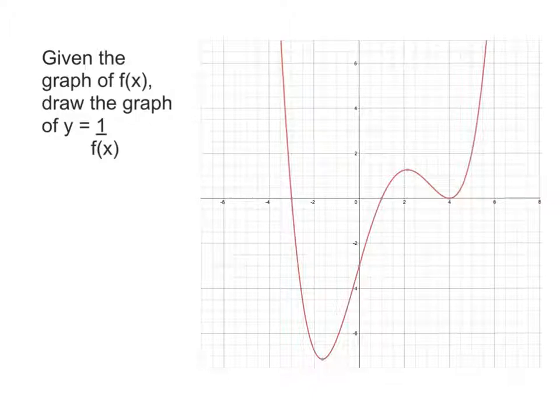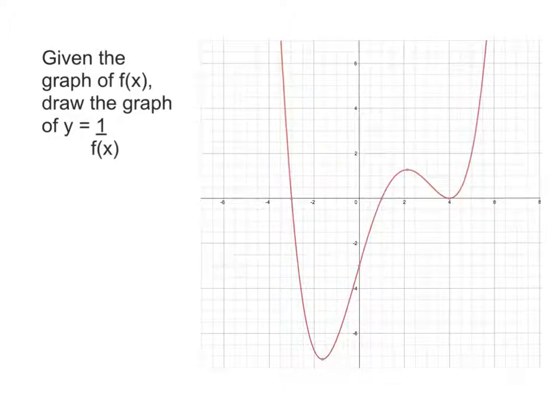With this one, I quickly want to draw the reciprocal. This gives you an original function, and it tells you this is f of x, and asks you to graph y equals 1 over f of x. You could be given a question on an exam.